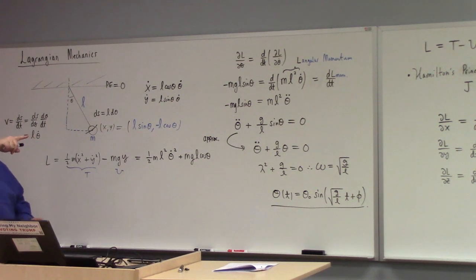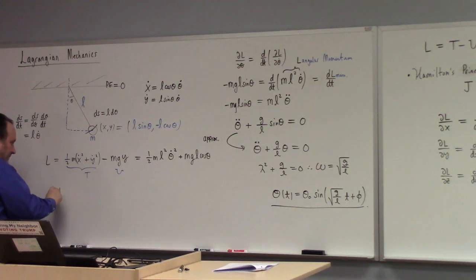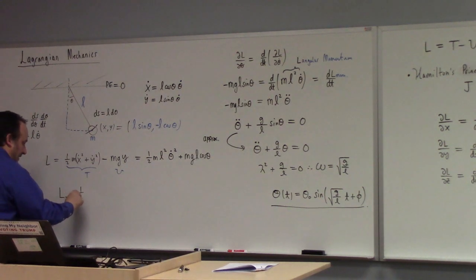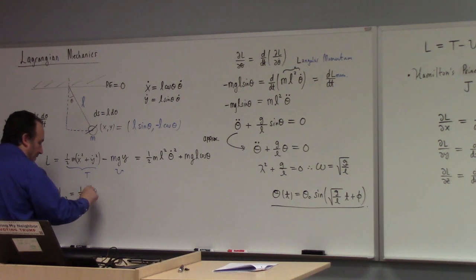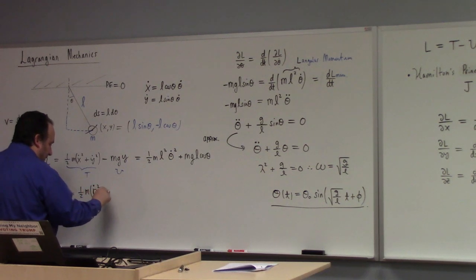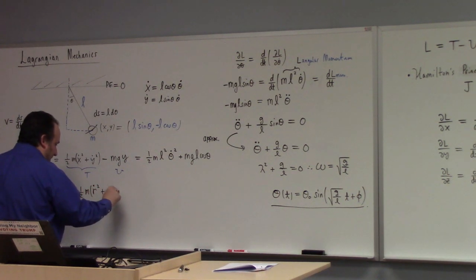We're not going to assume that the mass is fixed in place. Cool. So if we look at L, let me call it L2, we can write 1/2 m times r dot squared plus r squared theta dot squared.